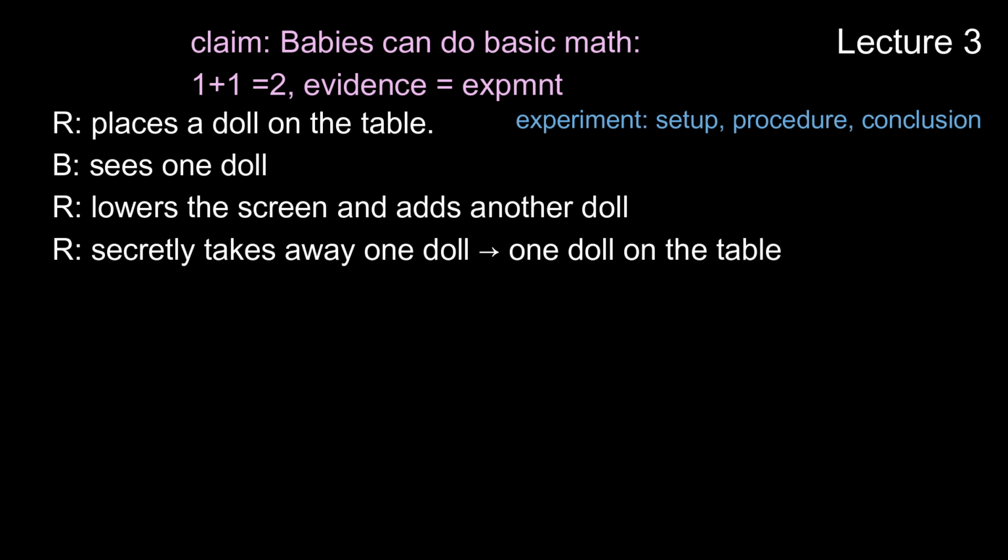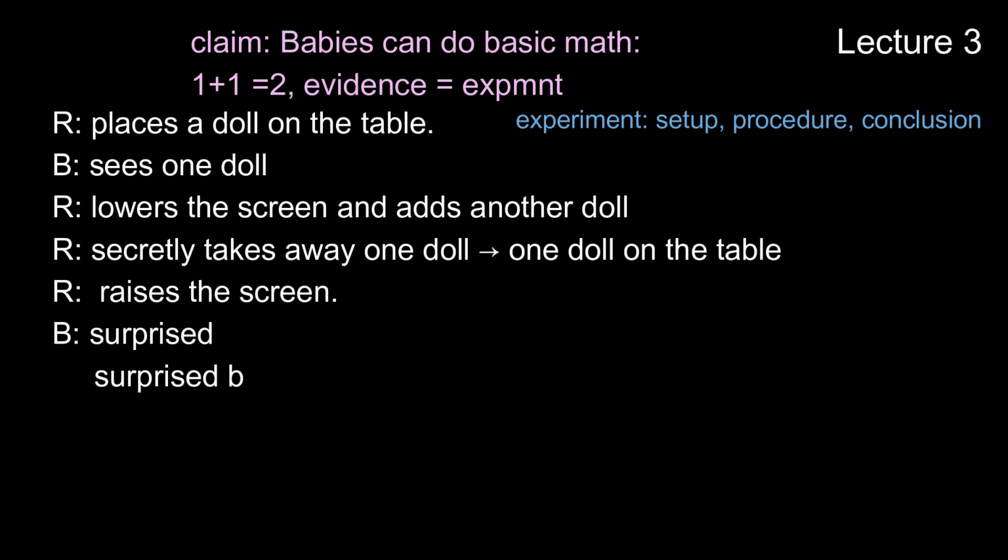And then when they raise the screen back up, the baby, well, it expects to see two dolls, right? But there's only one there. And guess what? The baby's surprised. It expects two, but it only sees one. How could the researchers tell that the baby's surprised? Well, they recorded the baby's eye movements on camera.